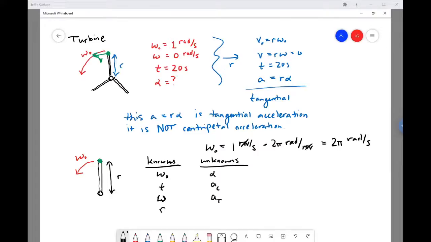So let me pause here a second, because this is a little weird, but revolutions and radians aren't real units the way we think about units as being like meters and seconds. They're like placeholders. They communicate the nature of what's being measured.